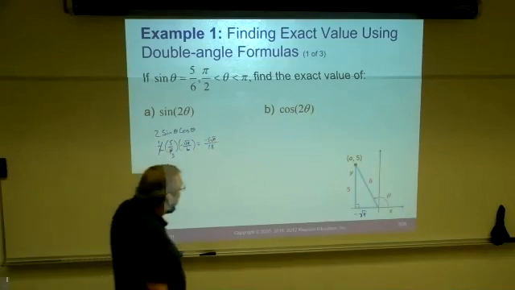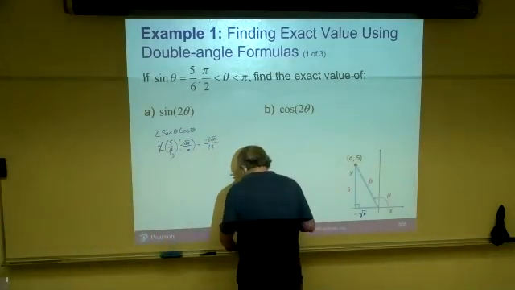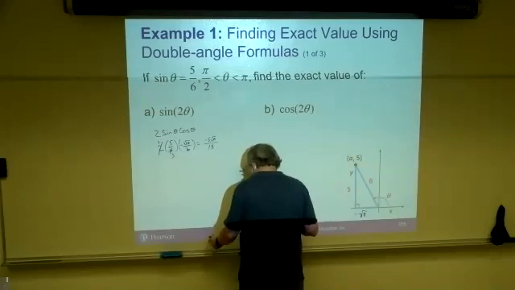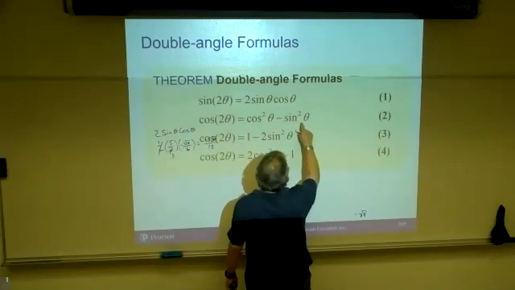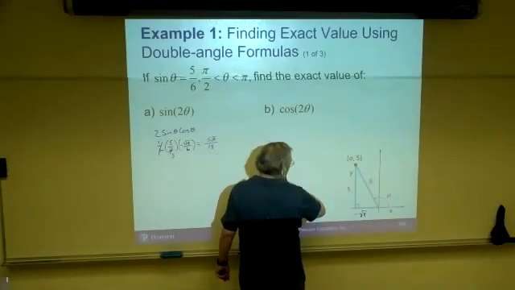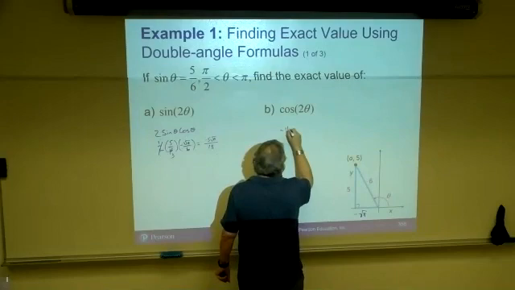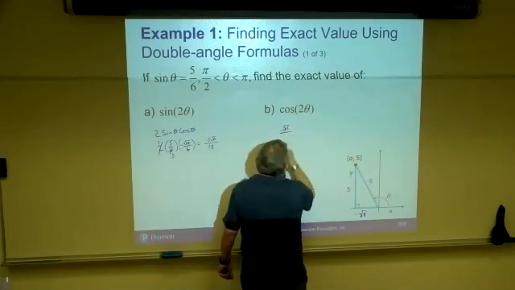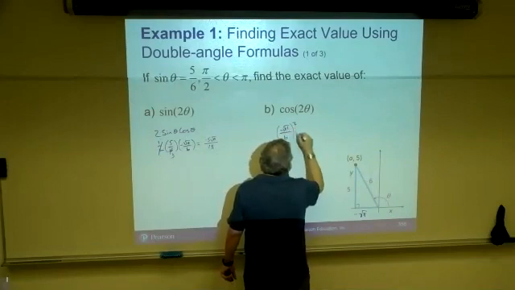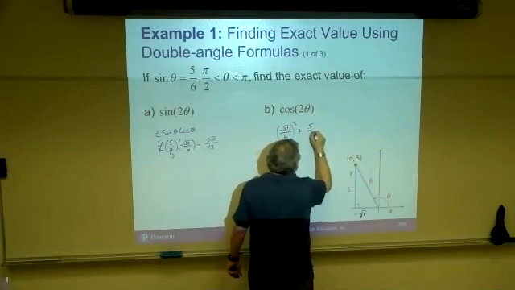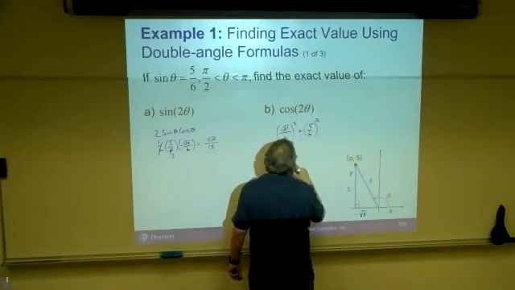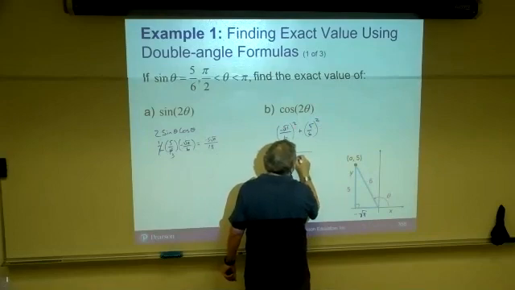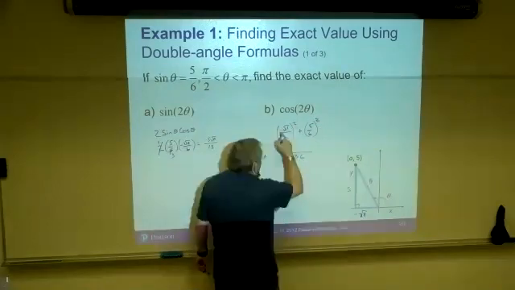And the cosine, I'm going to use the first one, which is cosine squared minus sine squared, right? So cosine is negative square root of 11 over 6, squared, plus 5/6 squared. So both denominators are 36.